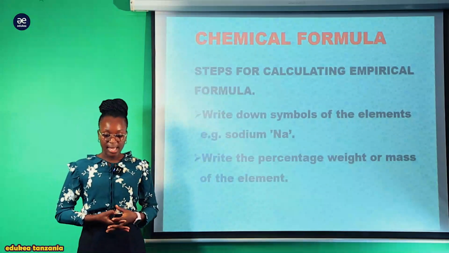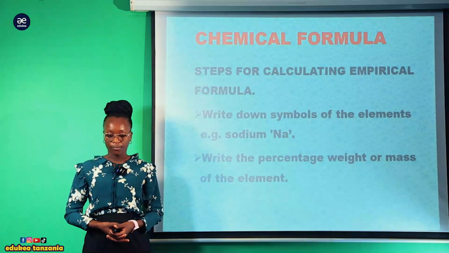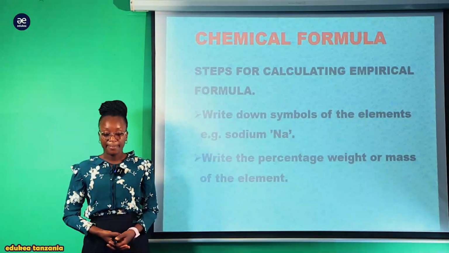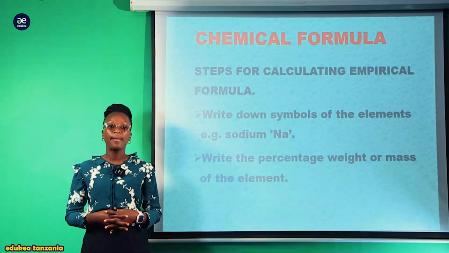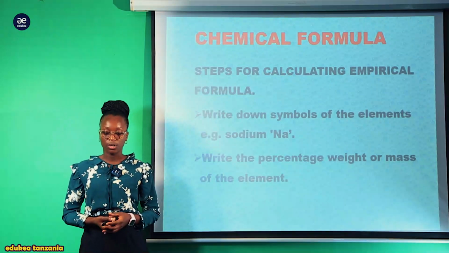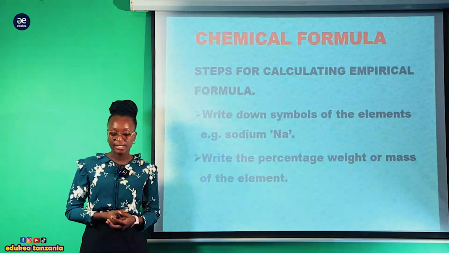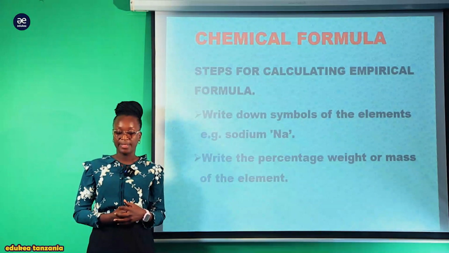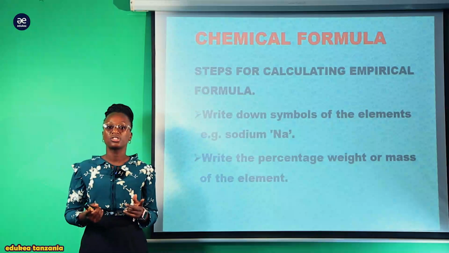Now there are steps for calculating this empirical formula. The first step is write down symbols of the elements. For example, sodium, its symbol is Na. The second step is write the percentage weight or mass of the element. Tuliona hii kwamba sometimes inakuwa expressed by the percentage composition by mass.